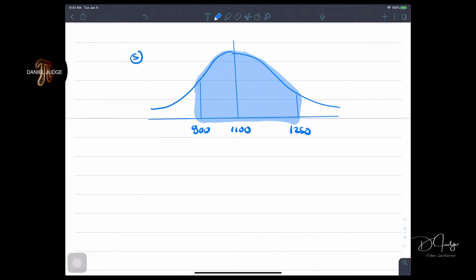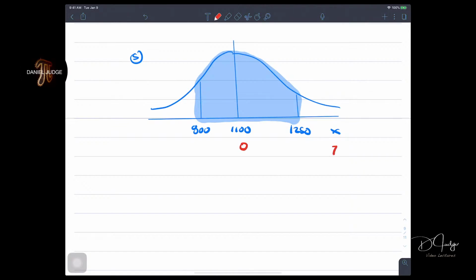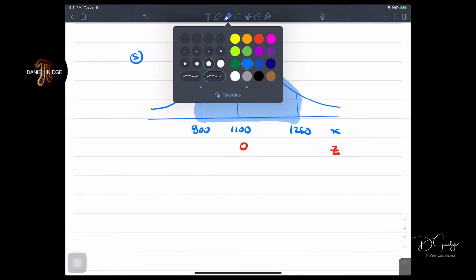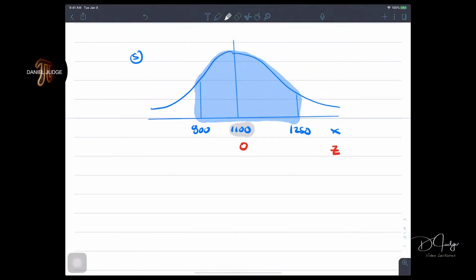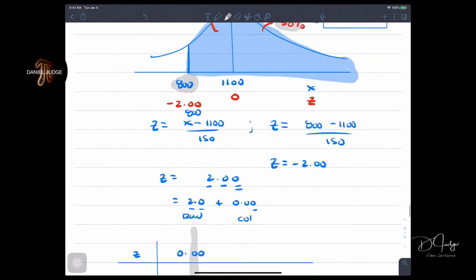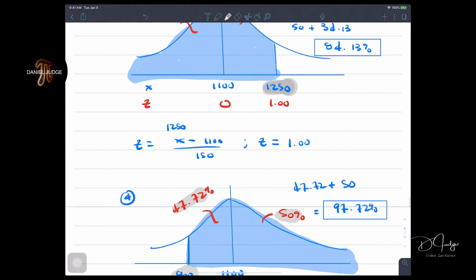So here's a picture of the question. And these are X values. Okay, so we're going to have to convert 800. Here's the values. We're going to convert all of them, but we already know by now that 1100 is always 0. We convert 1250. I think we've done that before. So let's look at 1250. Yes, it's 1.00, right here. We already converted that one, so you guys can see it.